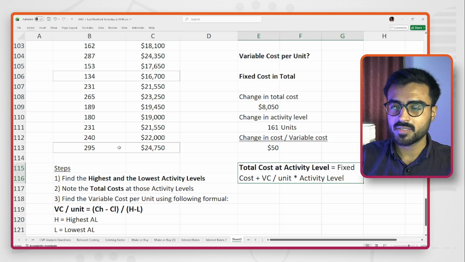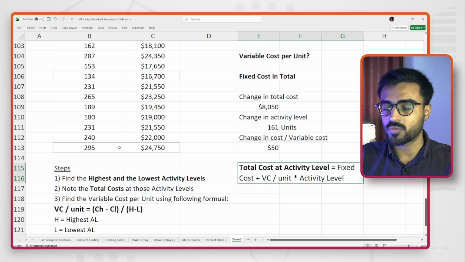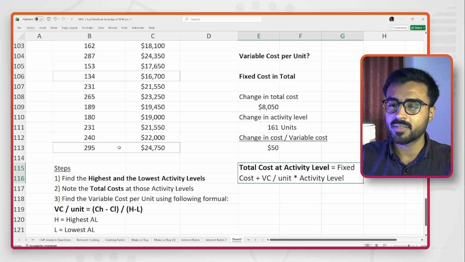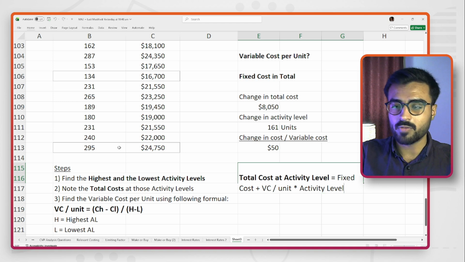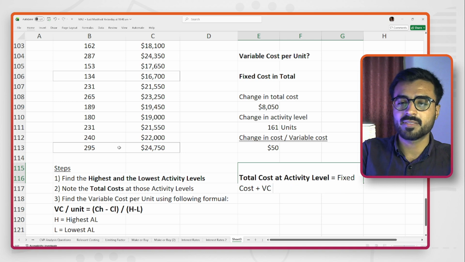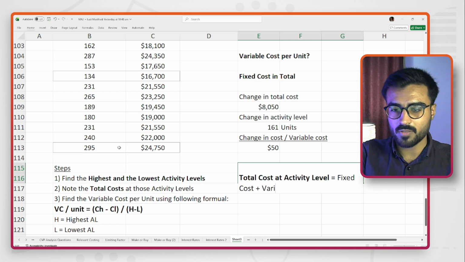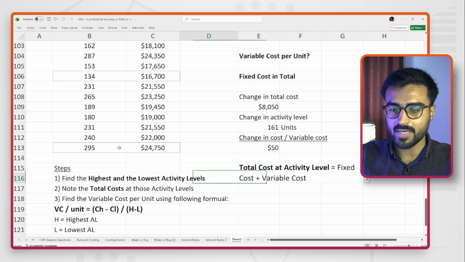Fixed cost remains fixed, of course, because it doesn't depend on the activity level. So you use the fixed cost total figure plus variable cost per unit times activity level. Why? Because the variable cost depends on the activity level. We could also write this as fixed cost plus variable cost.